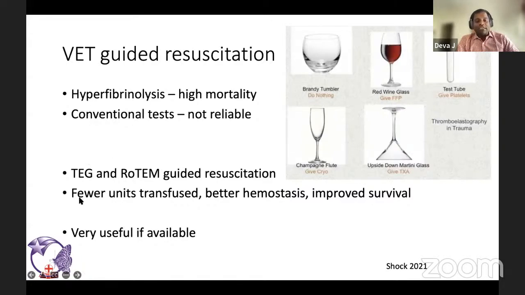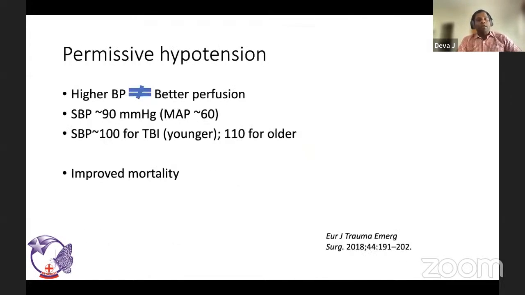If you use VET, you will be giving fewer units of blood. You will have better hemostasis, no doubt, and there is improved survival. There are some trials showing that TEG-ROTEM guided resuscitation improves survival. This is based on the concept that none of your conventional tests pick up hyperfibrinolysis. So TEG picks up hyperfibrinolysis, which is very useful in trauma, right?